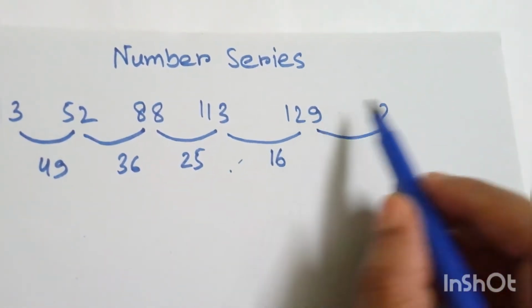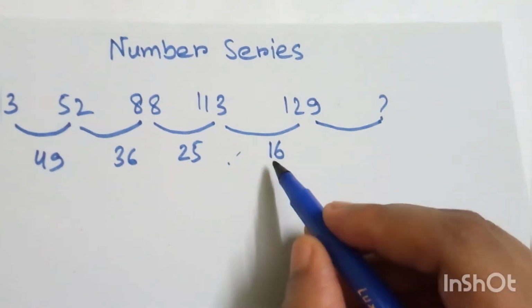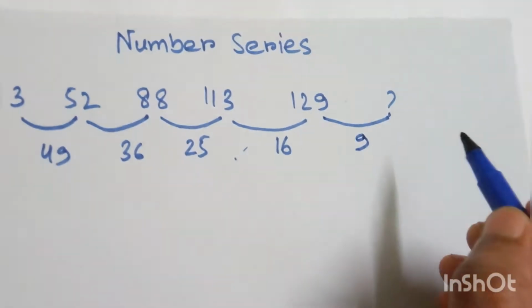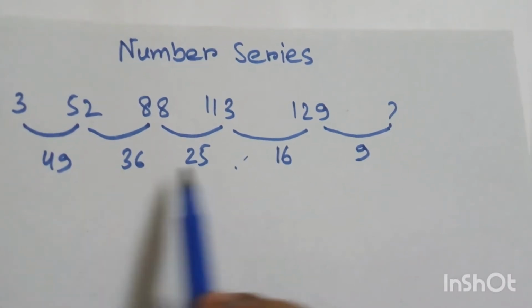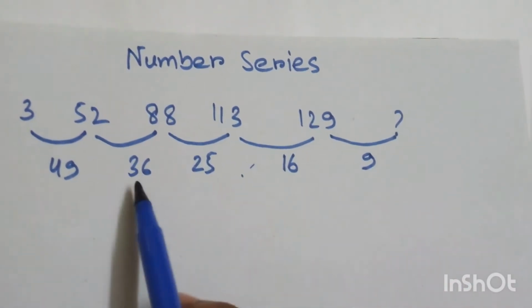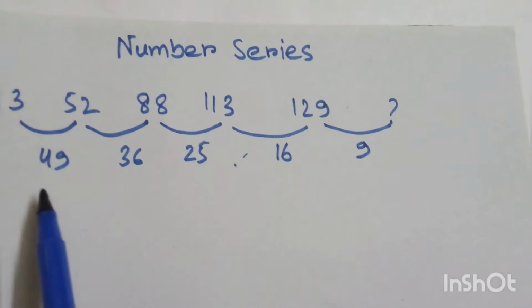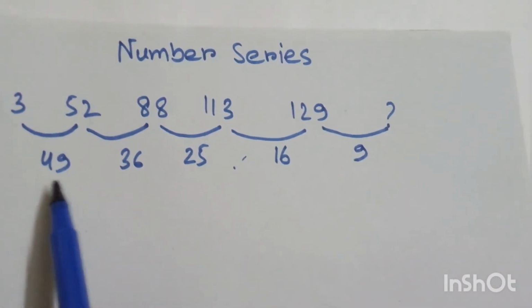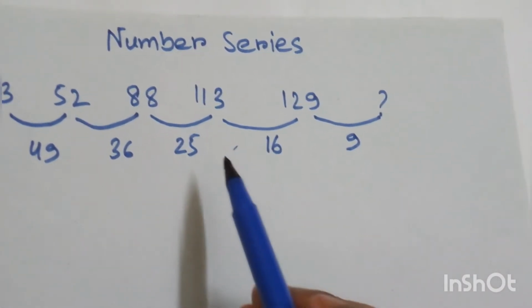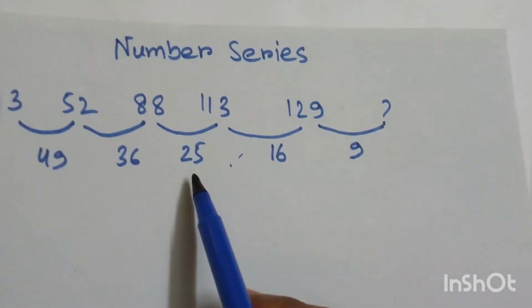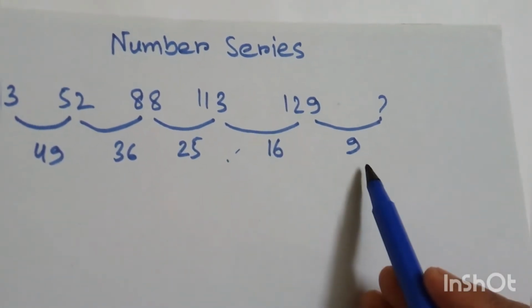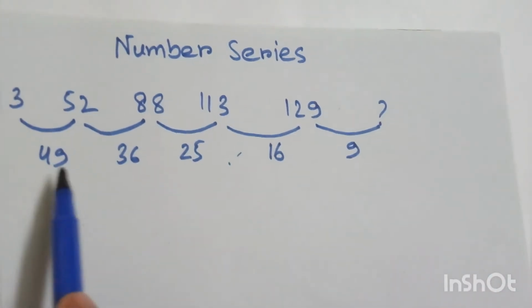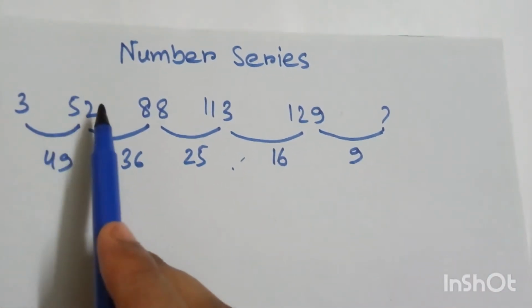The difference between these two numbers will be 9. See, the differences here are the squares of some numbers, and the numbers are in decreasing order. Here it is the square of 7, here 6 square, here it is the square of 5, this is 4 square, and this will be 3 square. 3 plus 49 will be 52.